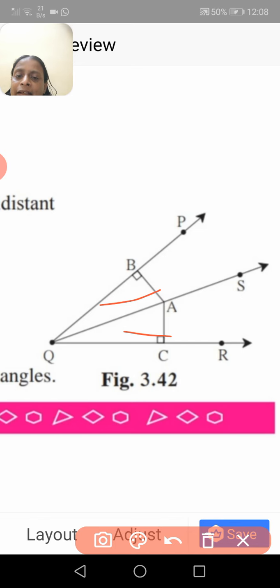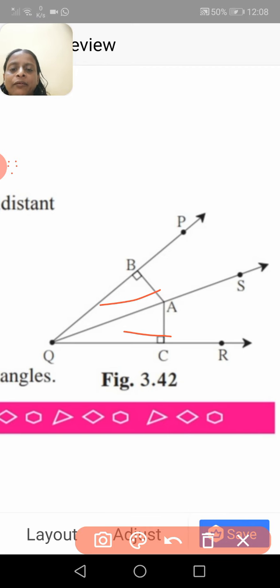If we get AB equal to AC, then we prove that A is equidistant from B and C. That means equidistant from the sides of the angle.